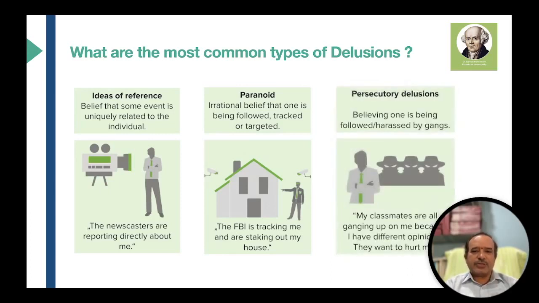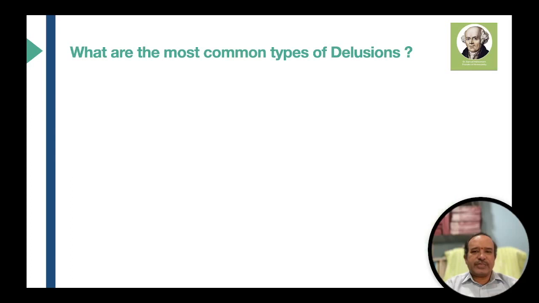Persecutory delusions are also near to paranoid, where one believes they are followed and harassed by gangs. My classmates are all ganging up on me because I have different opinions. They want to hurt me. In persecutory delusions, they think that someone is following them and at the same time wants to hurt them.